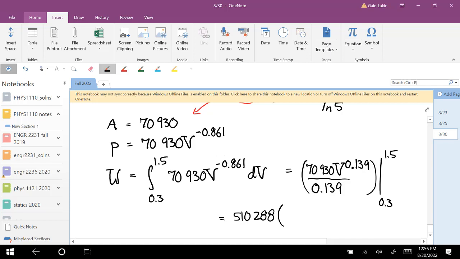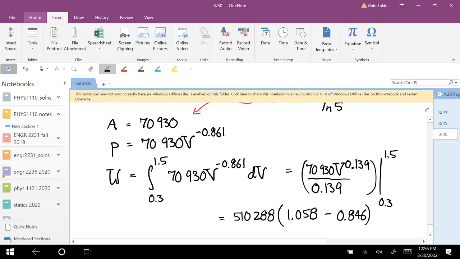Times, and what did you say 1.5 to the power of 0.139 is? Yeah, I'm getting 1.058 about. Okay. And then what's 0.3 to the power of 0.139? Getting 0.846.